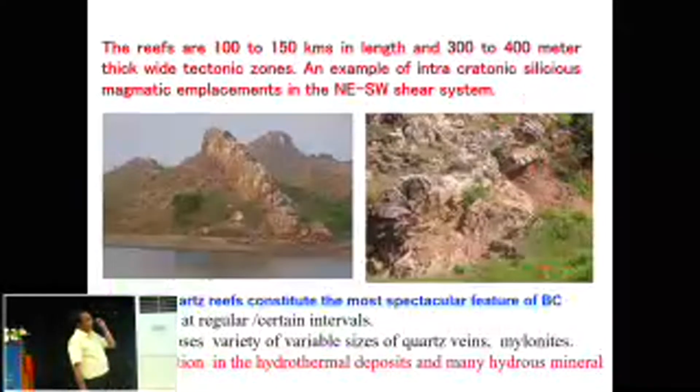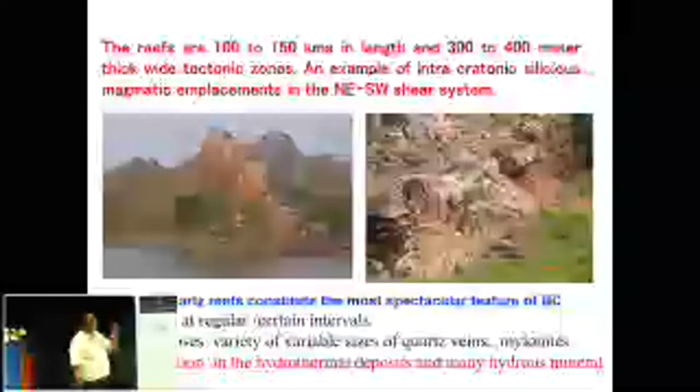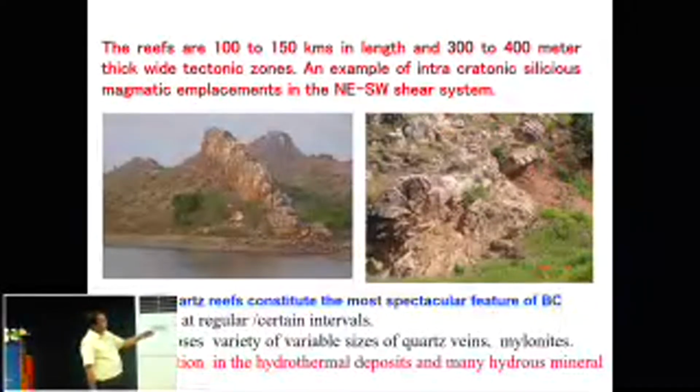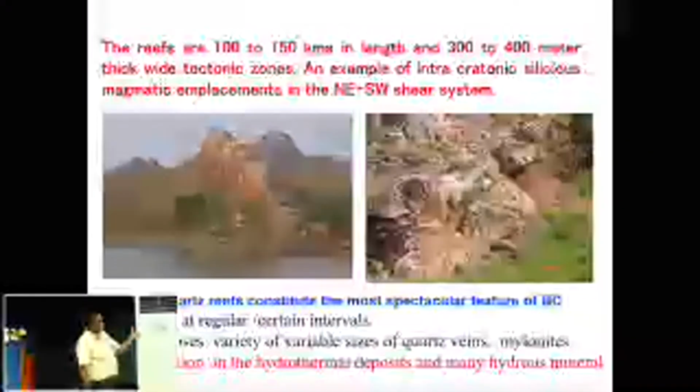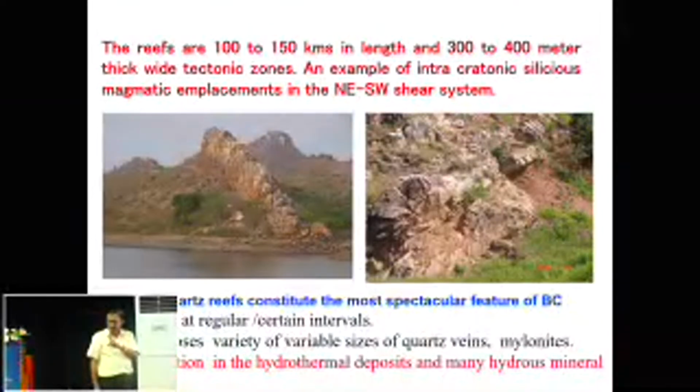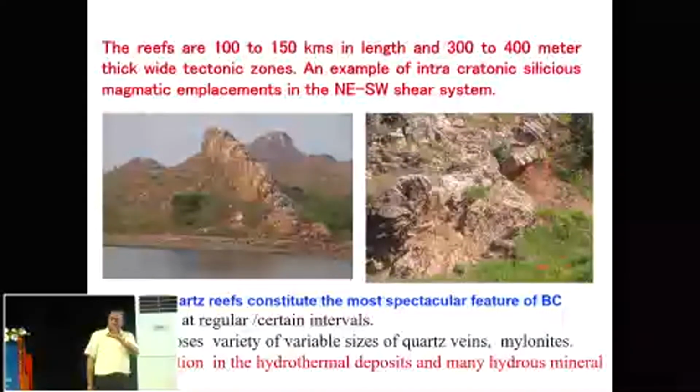Quartz reefs constitute a most spectacular feature of the Bundelkhand. They persist at regular intervals, comprise quartz veins of variable size, mylonite, and the formation of hydrothermal deposits, mainly hydrous minerals. These hydrous minerals are not only pyrophyllite and diaspore, but others which have not yet been discussed.